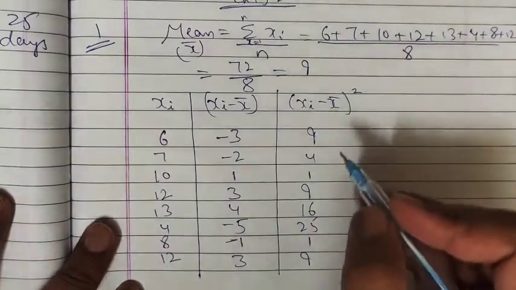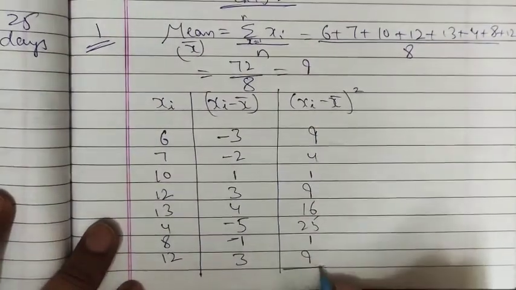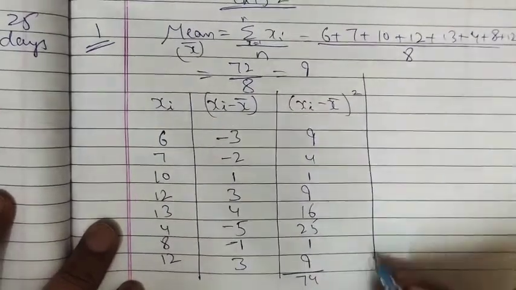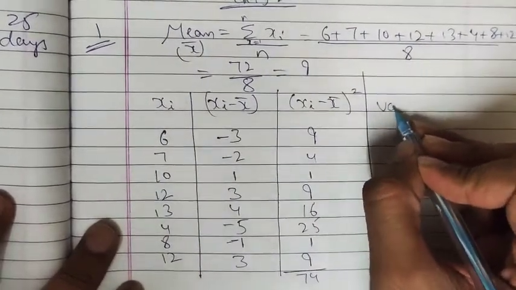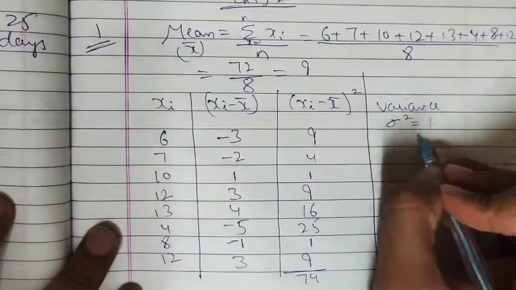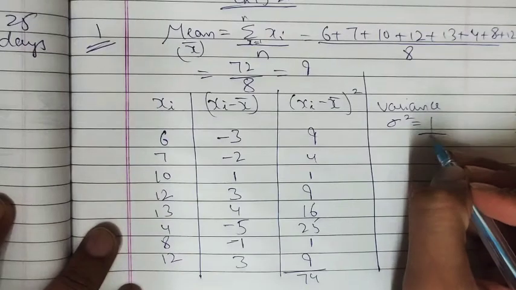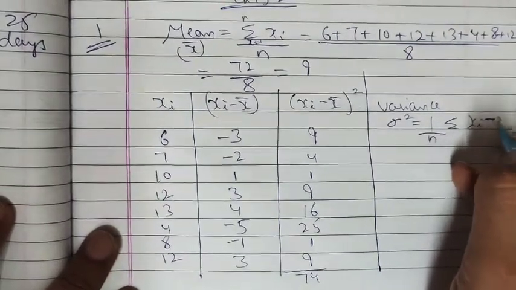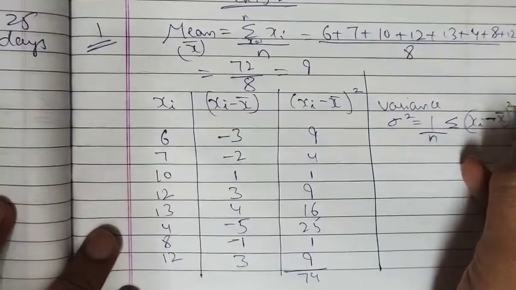Now the variance formula, we all know. The sum of all this will be 74. So variance sigma square is equal to 1 upon n sigma xi minus x bar whole square.